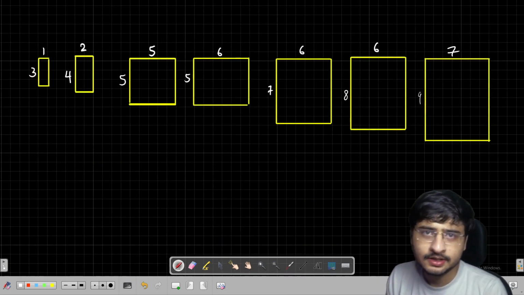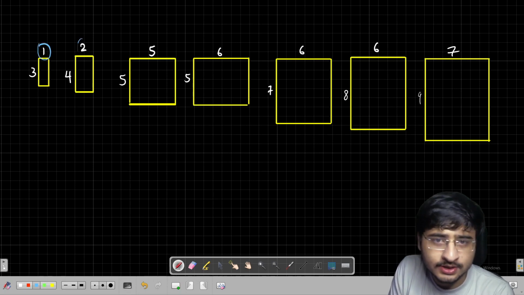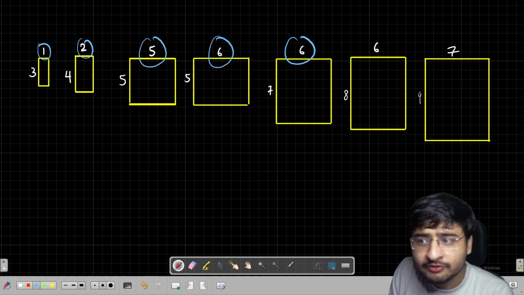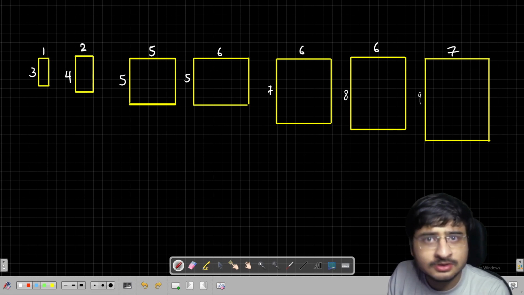Now, as you can see here, what I have done is that I have sorted all these envelopes on the basis of their widths, right? I have successfully sorted them on the basis of their widths.